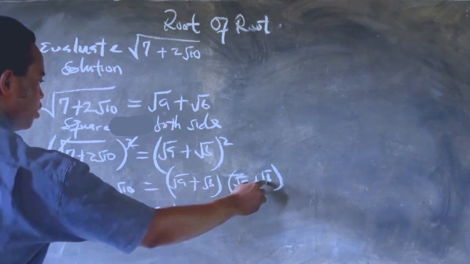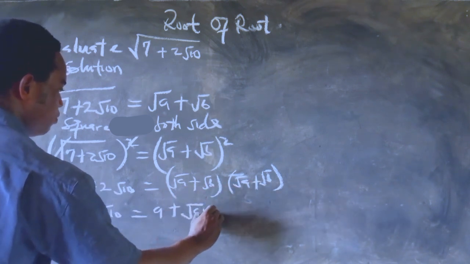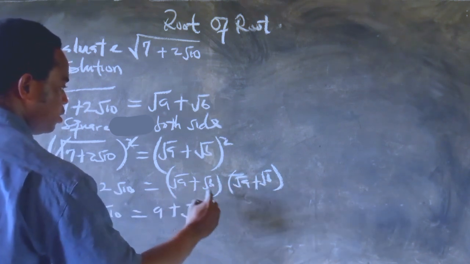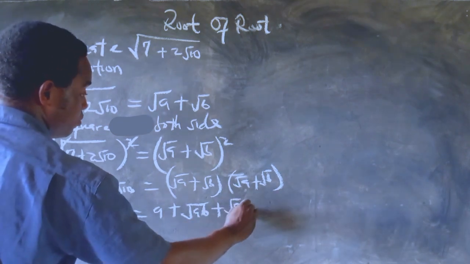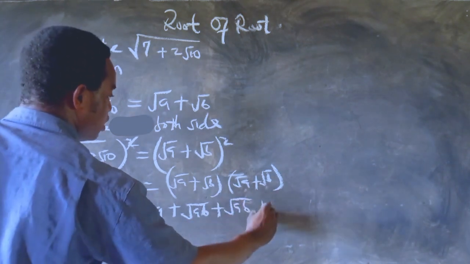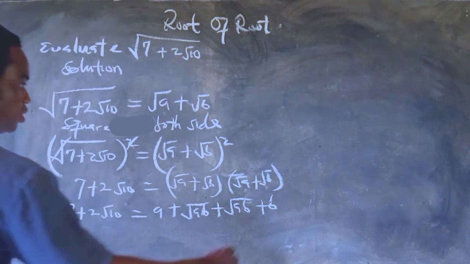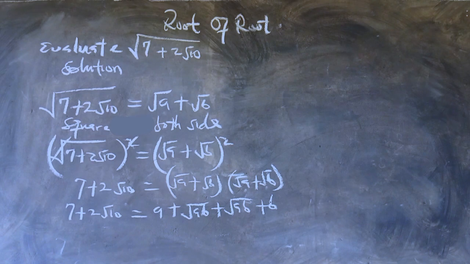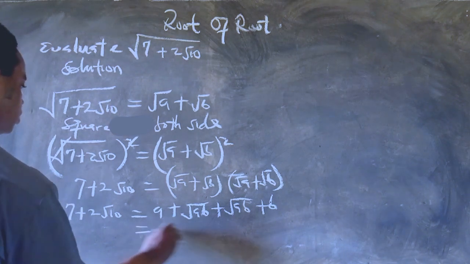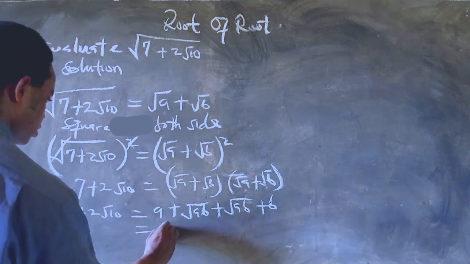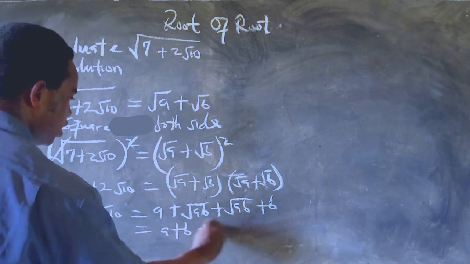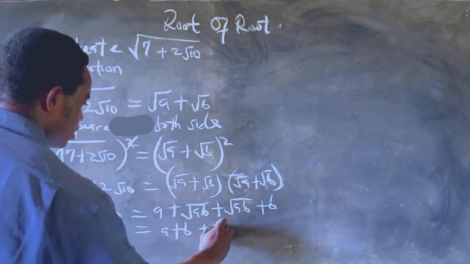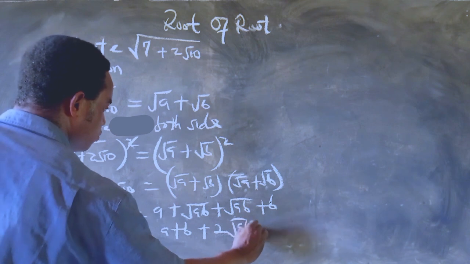That will be square root of a times square root of a, which is a, square root of a times square root of b, square root of ab, square root of b times square root of a, plus square root of ab again, and square root of b times square root of b is b.